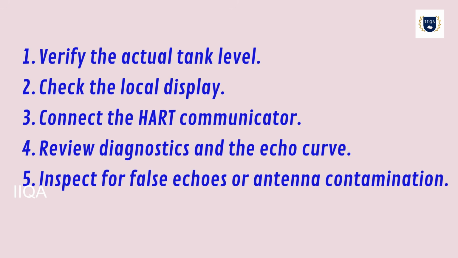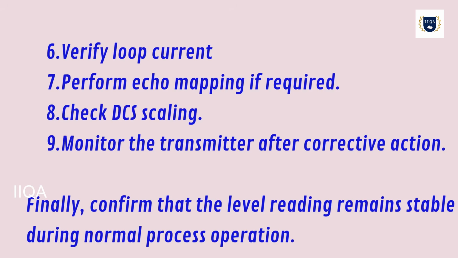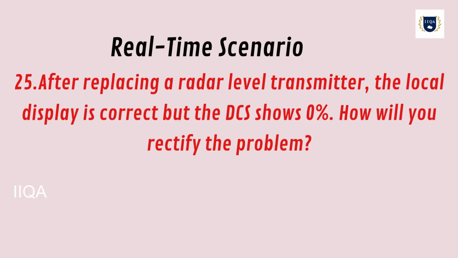Inspect for false echoes or antenna contamination. 6. Verify loop current. 7. Perform echo mapping if required. 8. Check DCS scaling. 9. Monitor the transmitter after corrective action. Finally, confirm that the level reading remains stable during normal process operation.